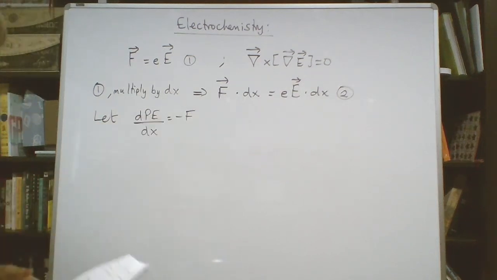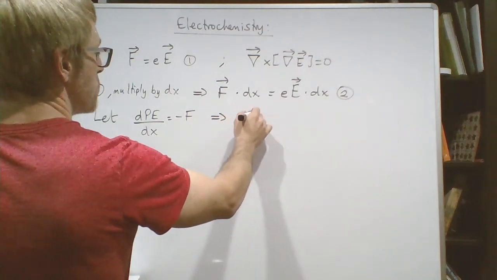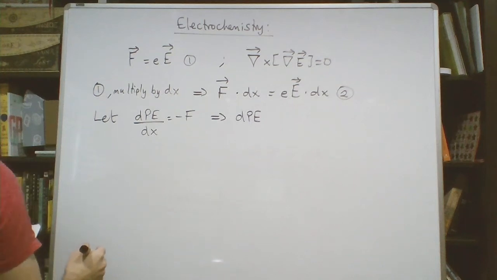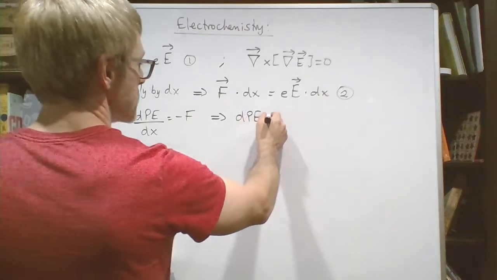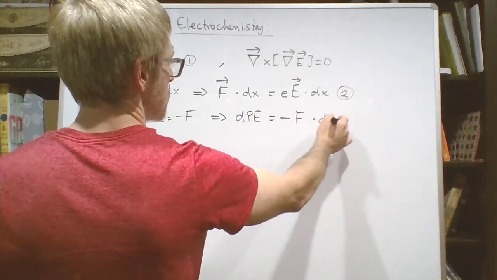This is just a definition. So we've got the change in potential energy. If we were then to multiply both sides by dx, we'd have minus F dot dx.